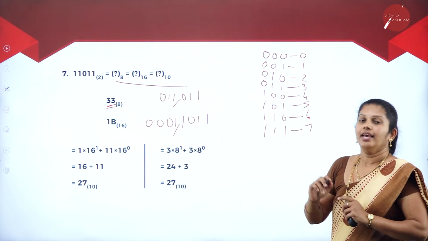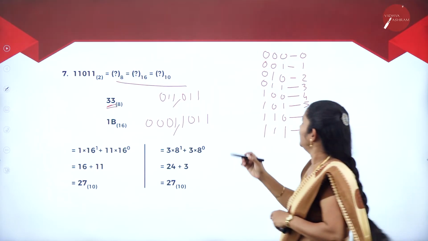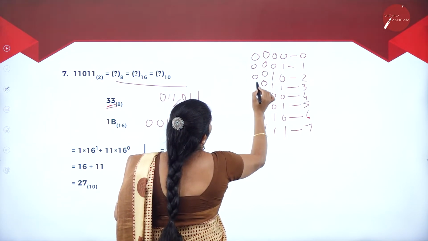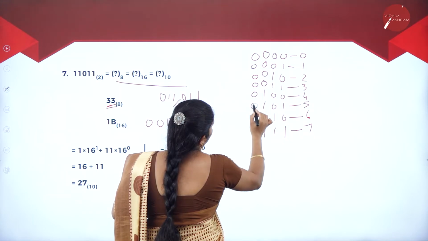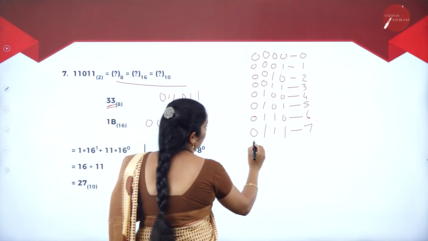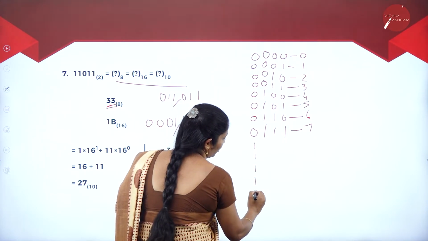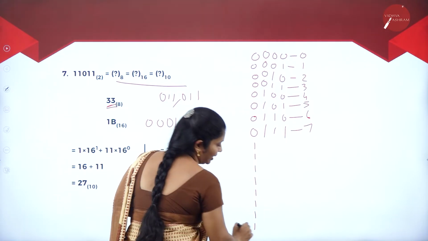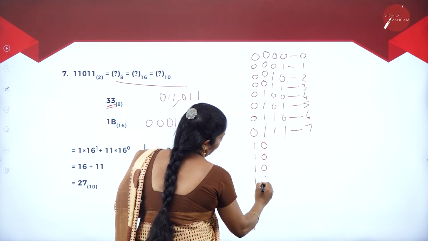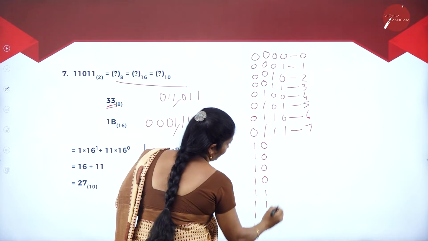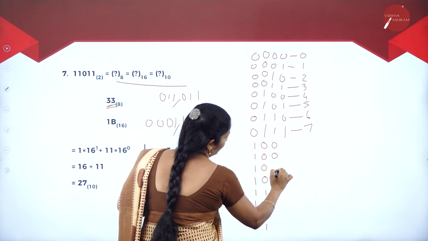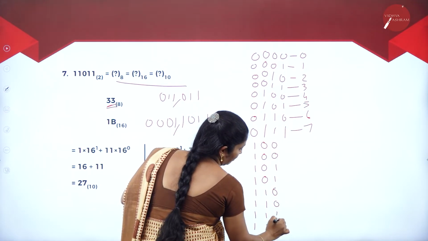If it is 4 bits, then write 8 times 0, 8 times 1. 1, 2, 3, 4, 5, 6, 7, 8 times 0. Then write 8 times 1. Then 4 times 0, 4 times 1, 4 times 0, then 4 times 1. Next, 0, 0, 1, 1, 0, 0, 1, 1, and so on.